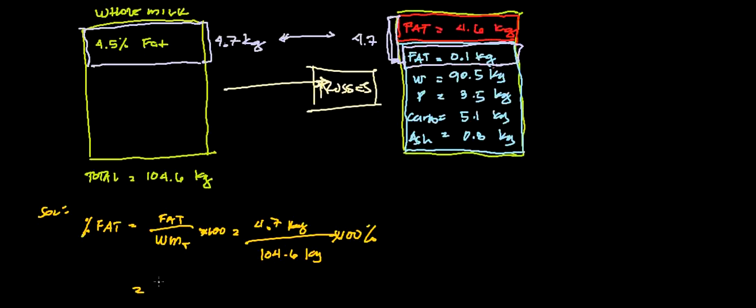Percent fat is 4.493, or around 4.5%, right? Okay, so that is the composition of fat. But our main task is to determine the other compositions, right?